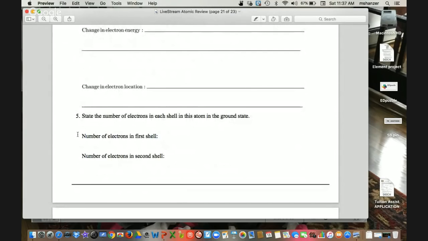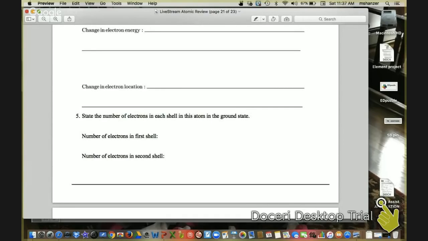Now, just as a side note, and I like to do side notes, you may have learned a formula called 2n squared. 2n squared is the way to figure out the maximum number of electrons that would be found in any particular shell. With n representing the energy level, if it's the first shell, 2 times 1 squared is 2.